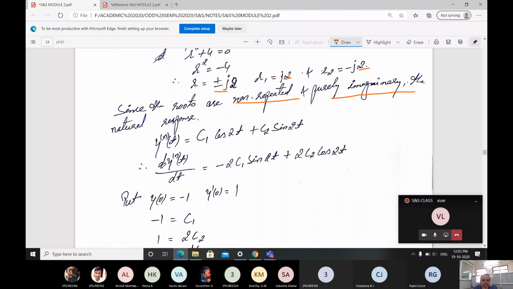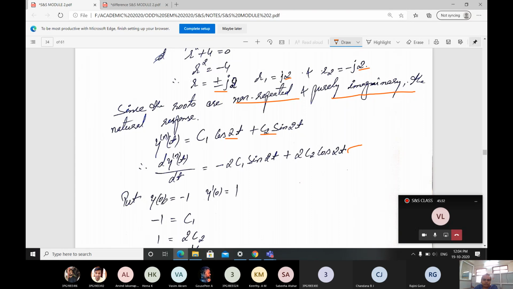When it is differentiated, dyn of t divided by dt is going to be equal to, cos differentiation is of sin, here 2 is there, minus 2 c1 sin 2t, plus 2, sin differentiation is of cos, right, 2 c2 cos 2t.